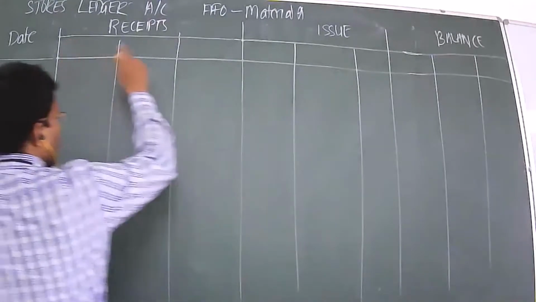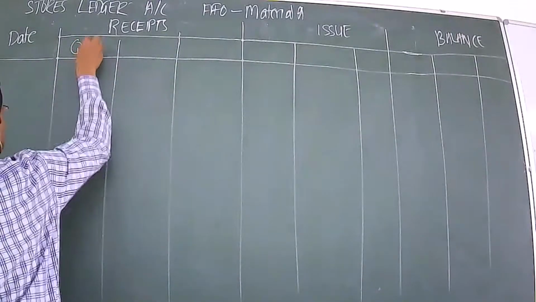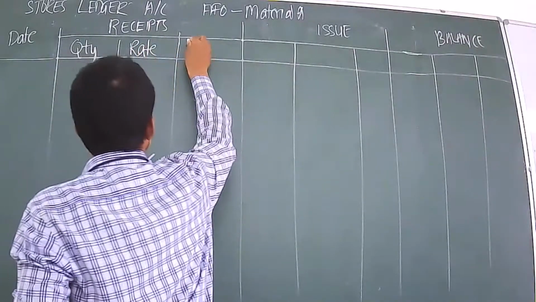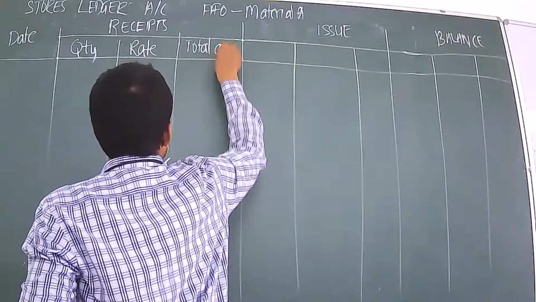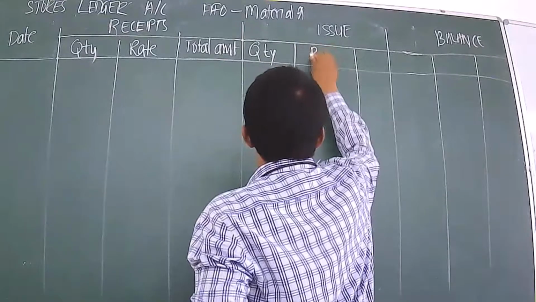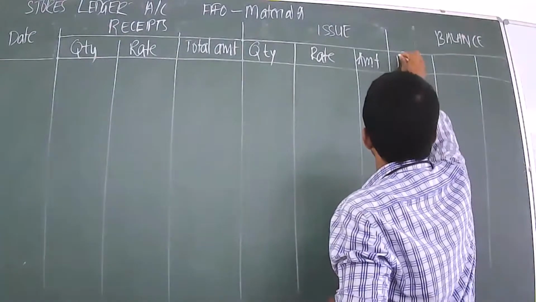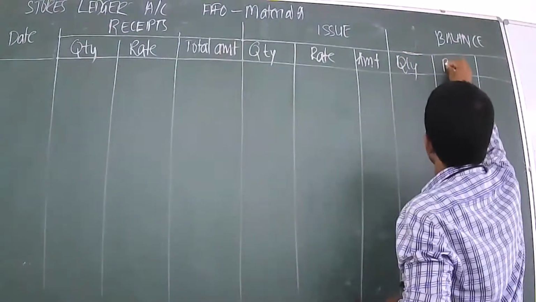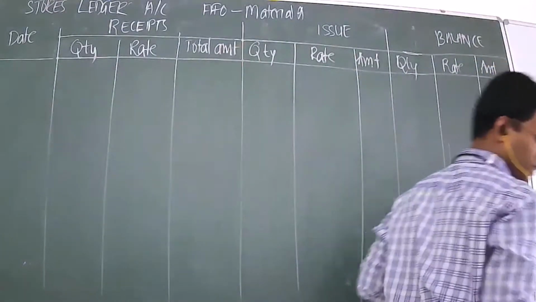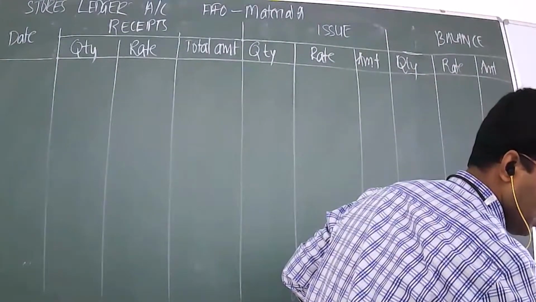Now remember, for each of the sections, that is receipts, issues, and balance, you will be maintaining the quantity, rate, and then the total amount. So you will be maintaining this for all the three sections.